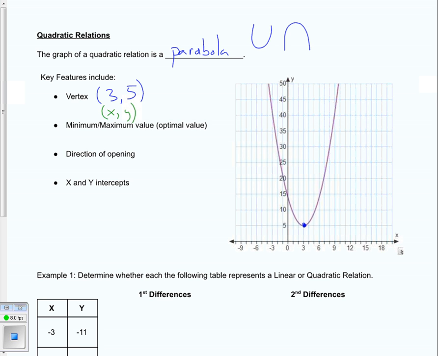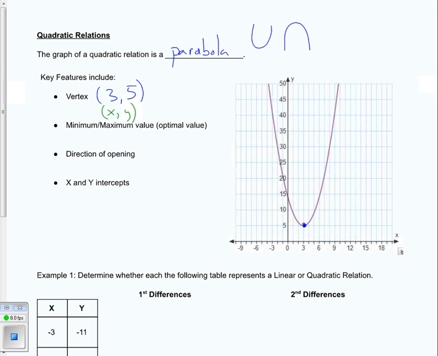The minimum value or the maximum value is always the y-coordinate of the vertex. That means it's either the lowest or the highest point on a given parabola. In this case, this parabola, which is an upward-facing U, has a minimum value.